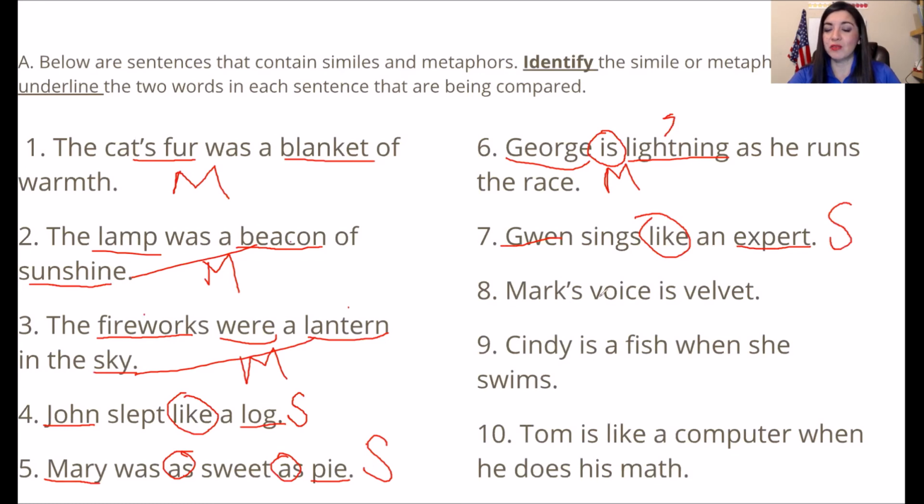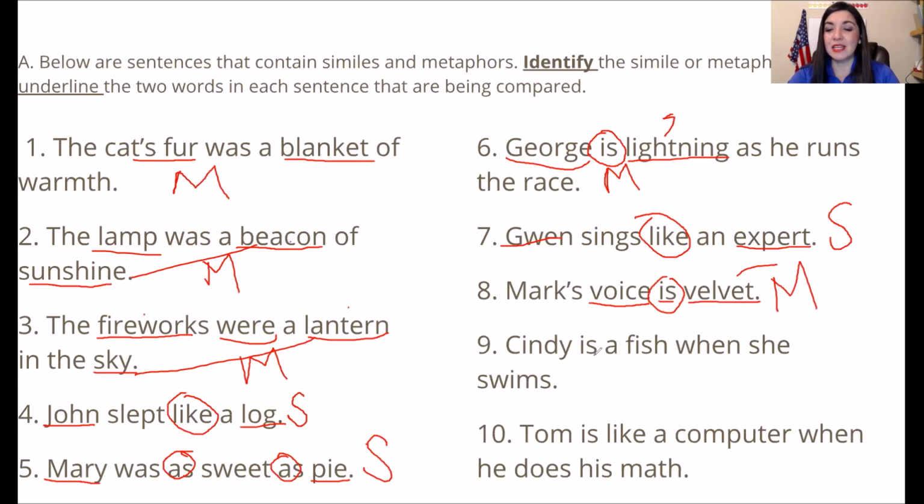Number eight, Mark's voice is velvet. So the voice is being compared to velvet. Now, velvet has a quality of being very smooth. So here, because it says is, it's telling us that his voice is smooth, like velvet. So he has a smooth voice, and that's a metaphor.